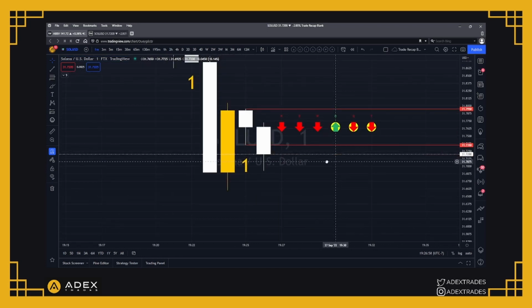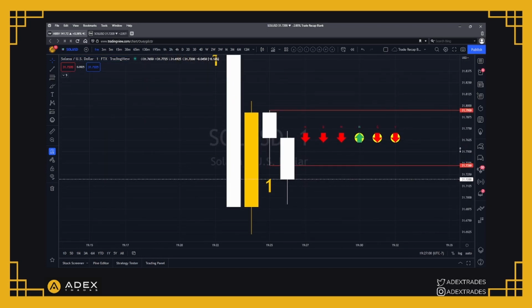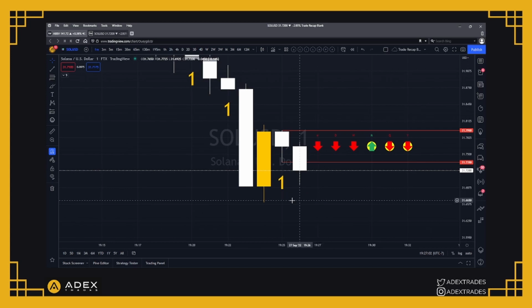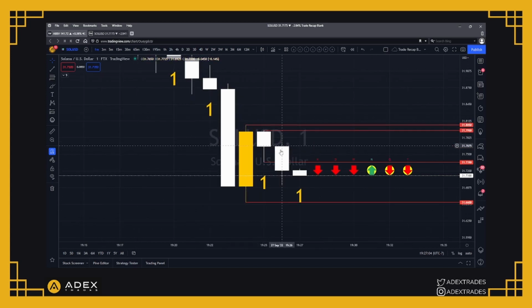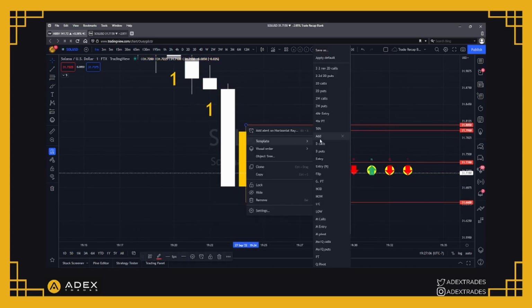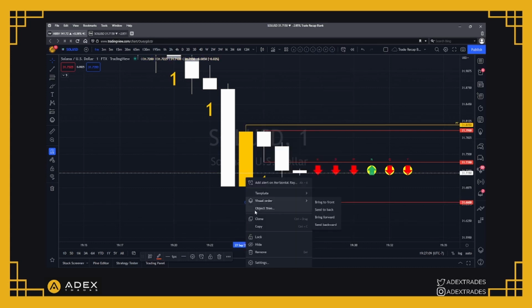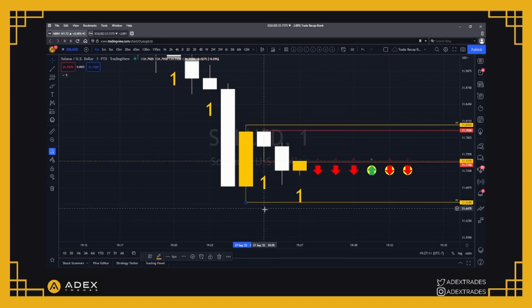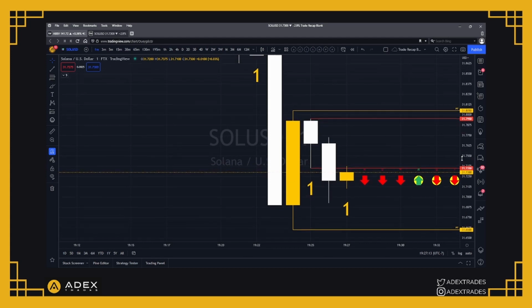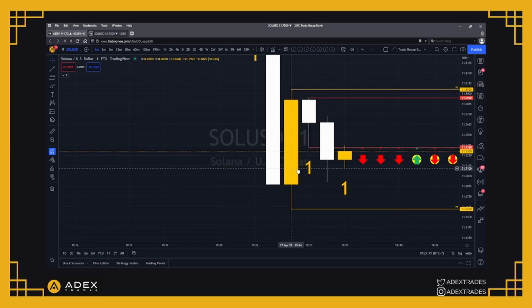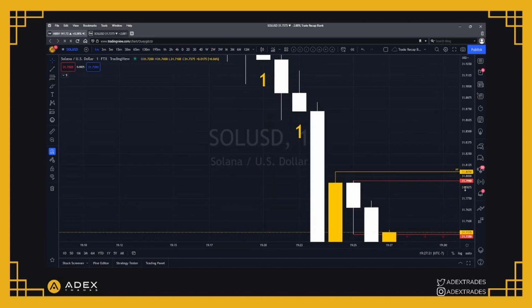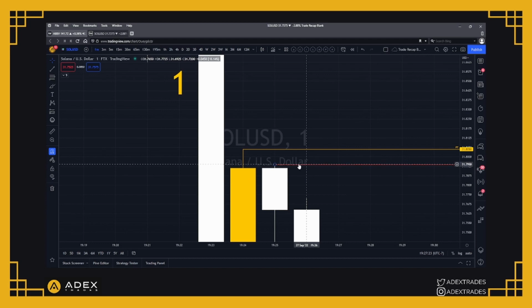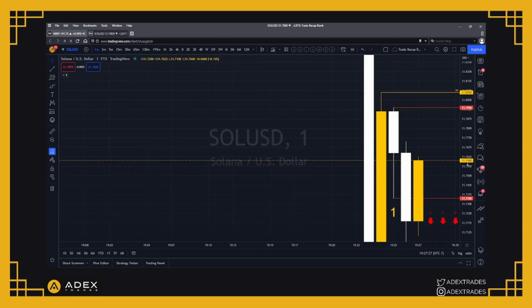Whatever side it breaks, that's your inside bar breakout, and your target is the high or the low of the previous bar. So for SOL, when you break this inside bar, if you break it to the downside, your target is the low of the previous candle. If you break it to the upside, your target is the high of the previous candle.